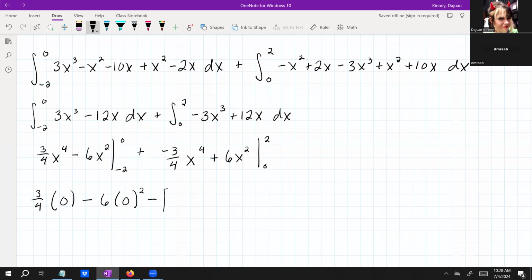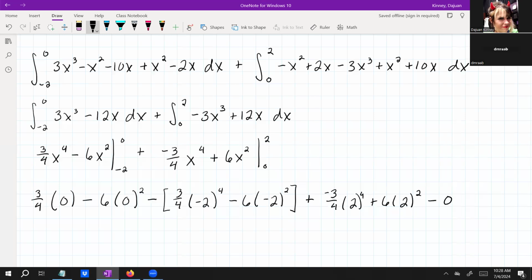Minus -3/4 times -2 to the 4th plus 6 times -2 squared, plus, plug in my top number, -3/4 2 to the 4th plus 6 2 squared minus 0 because that's going to 0 out.